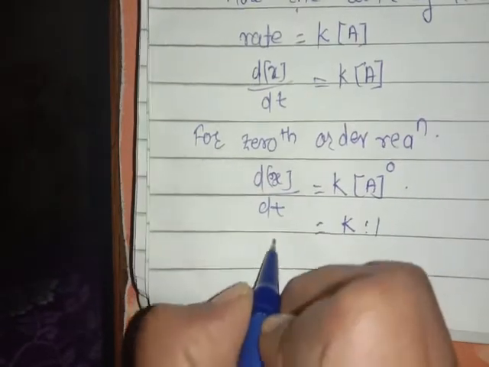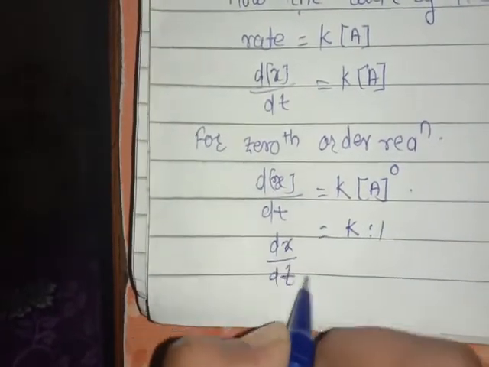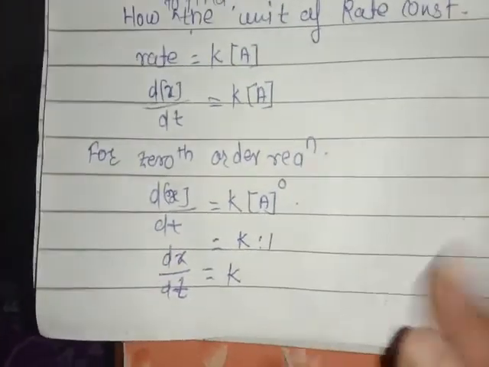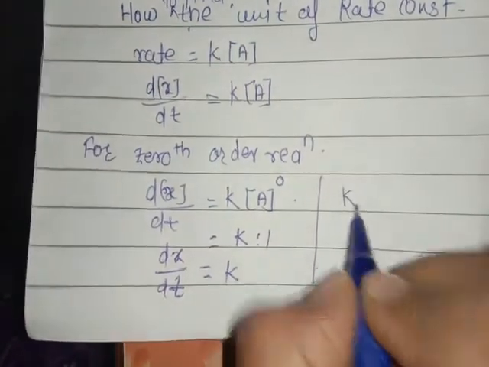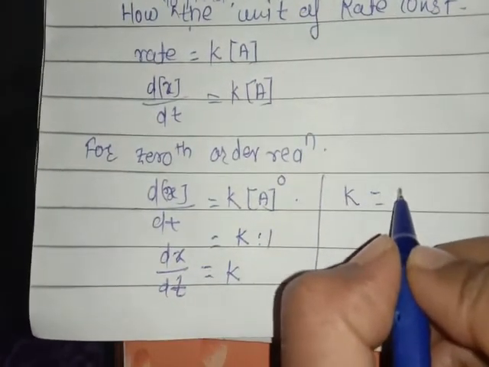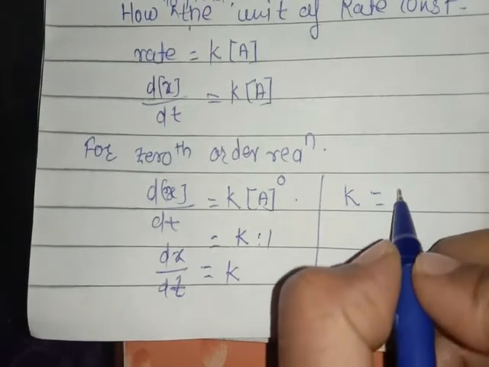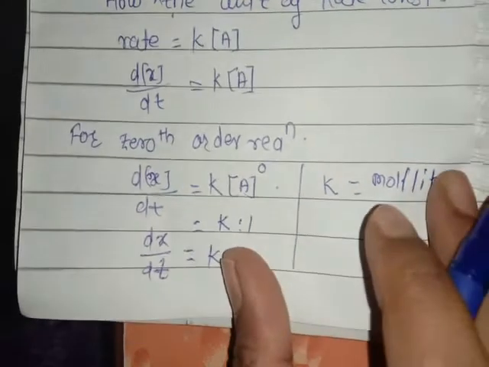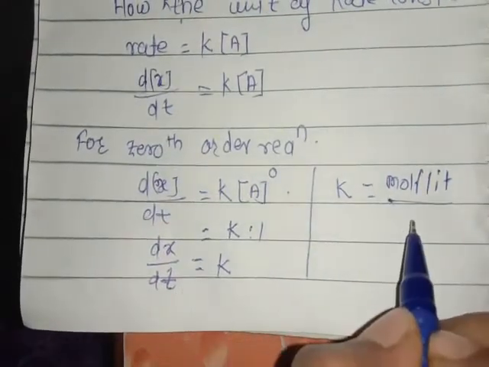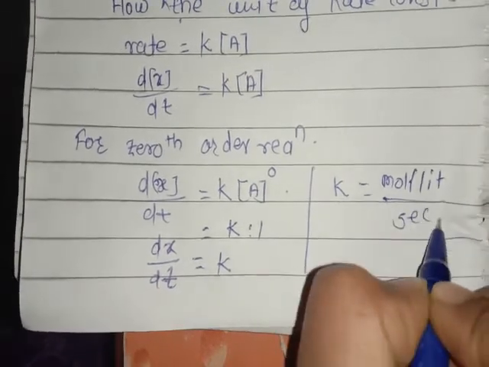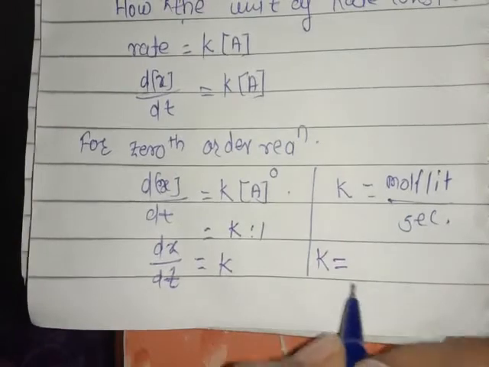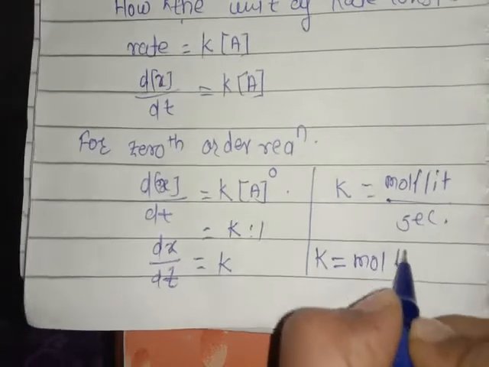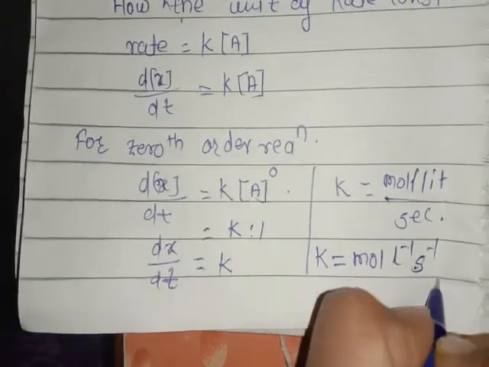So we have dx upon dt is equal to K. Now you know that K is equal to dx upon dt. This x is the concentration, that's why it is in moles per liter, while this t is the time, which is in seconds. Therefore we can write K for a zeroth order reaction is moles per liter per second.